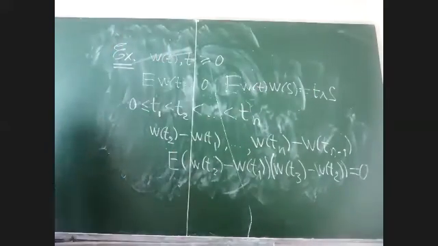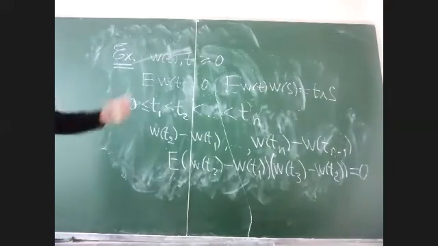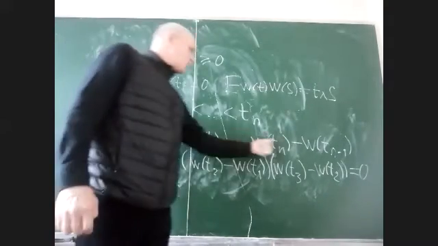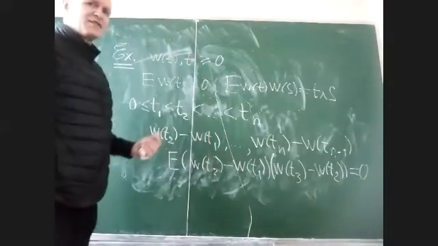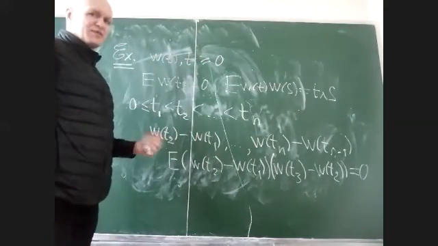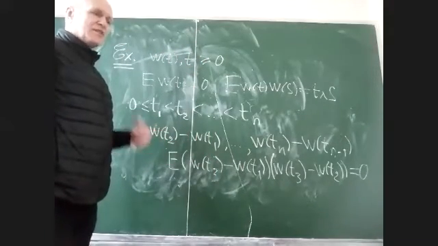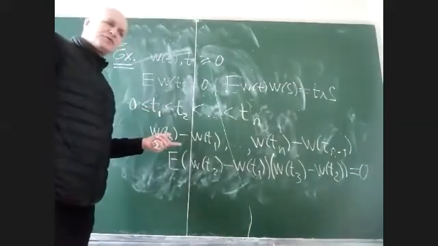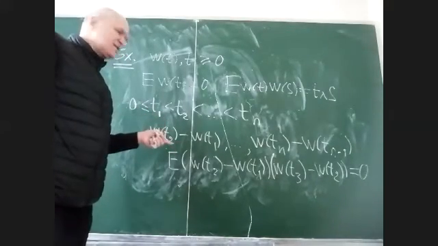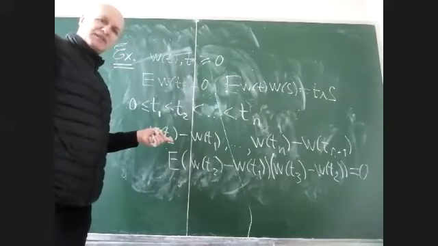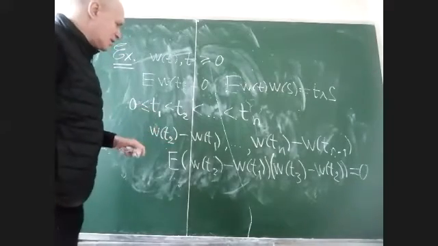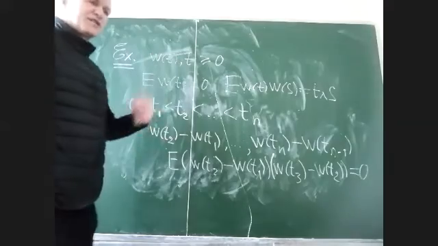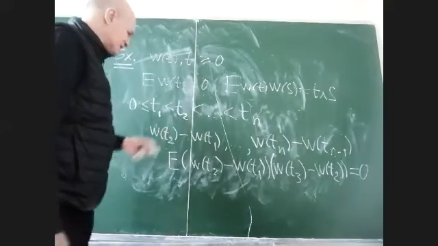Then one can say that we have a set of uncorrelated jointly Gaussian variables. We already mentioned that it immediately follows from here that they are independent. So we know now that increments of the Wiener process are independent.